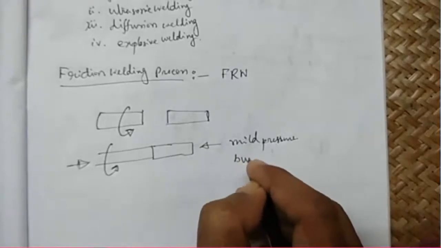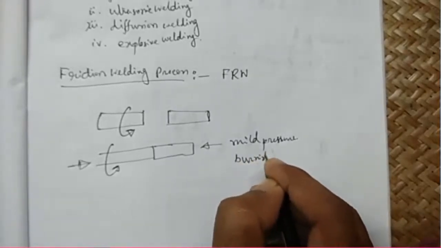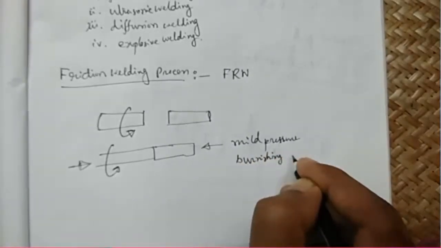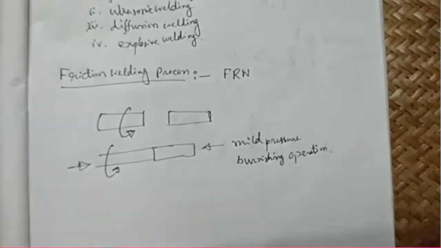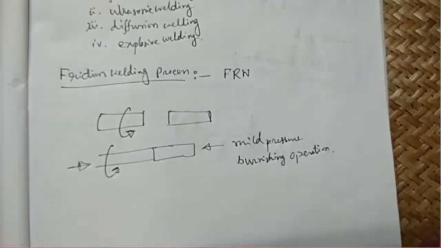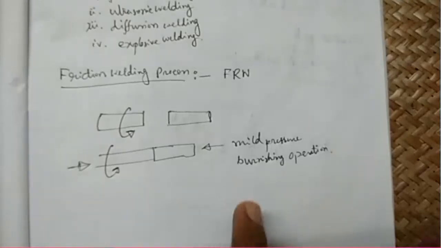You need to remember this term, burnishing operation. So the rust and other surface impurities, dust and all, get burnt. If there is any paint, any impurities, any type of environmental degradation, those things get burnt.